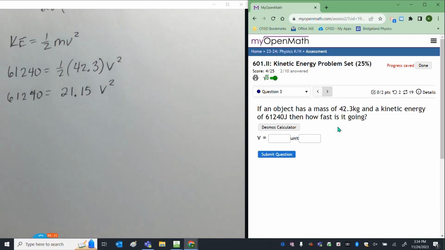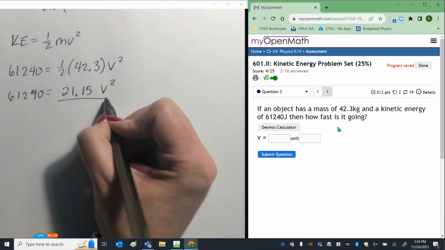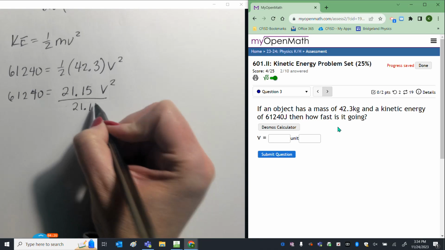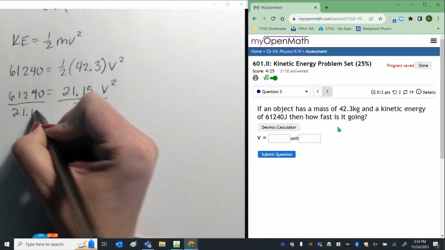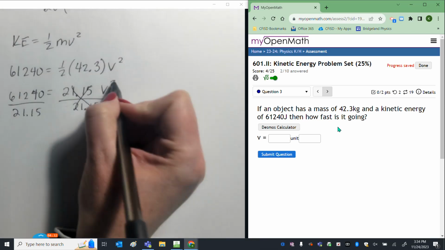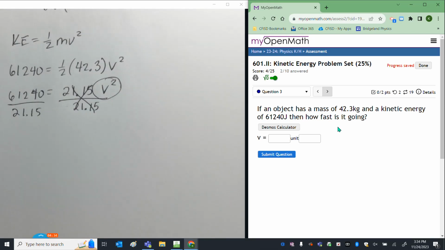Again, if I want to get v by itself, I need to start by getting this 21.15 moved out of here. So I'm dividing both sides by 21.15. That's going to isolate v squared. So let's go ahead and divide that on my calculator, 61,240 divided by 21.15.